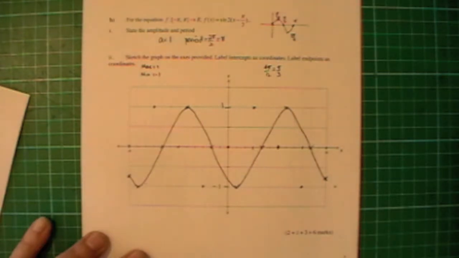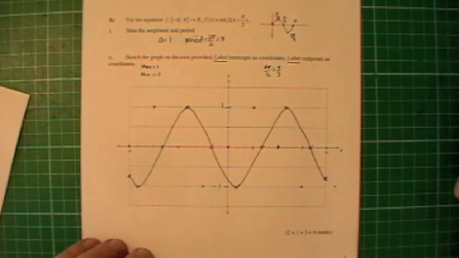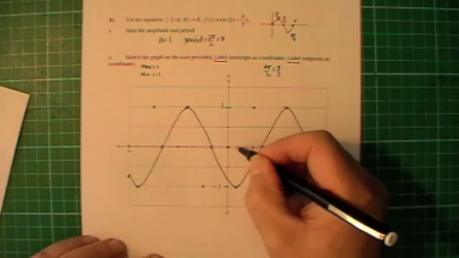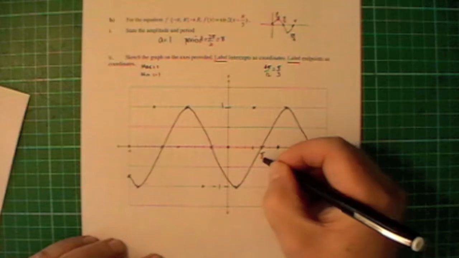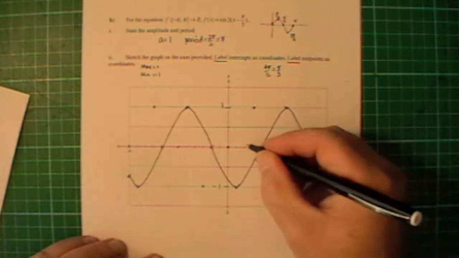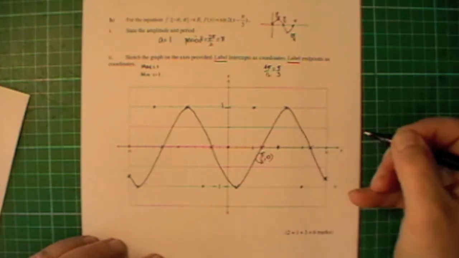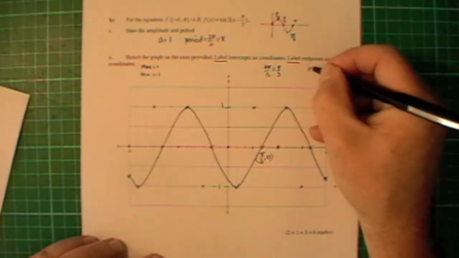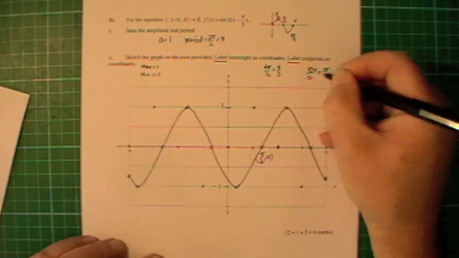But we need more than that because we need to label the intercepts as coordinates and the endpoints. So let's do the x-intercepts first. We can see this is pi on 12, and so there's 4 pi on 12, which is really pi on 3. This here is 1, 2, 3, 4, 5, 6, 7, 8, 9, 10 pi on 12. That's really 5 pi on 6.